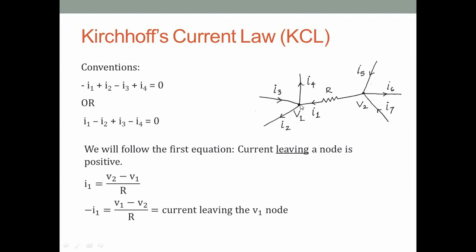So if we want to write Ohm's law, current is equal to voltage divided by resistance. I1 is the current flowing from V2 to V1, so we write I1 is equal to V2 minus V1 by R. If the current is flowing from V2 to V1, then we say V2 minus V1 by R.